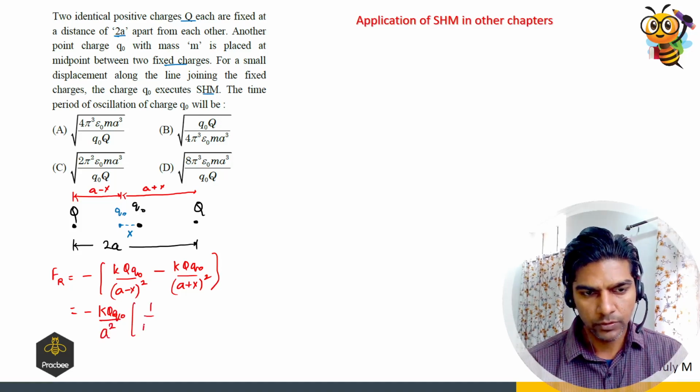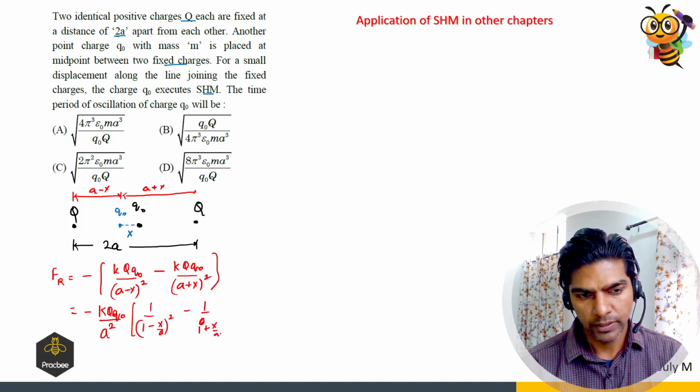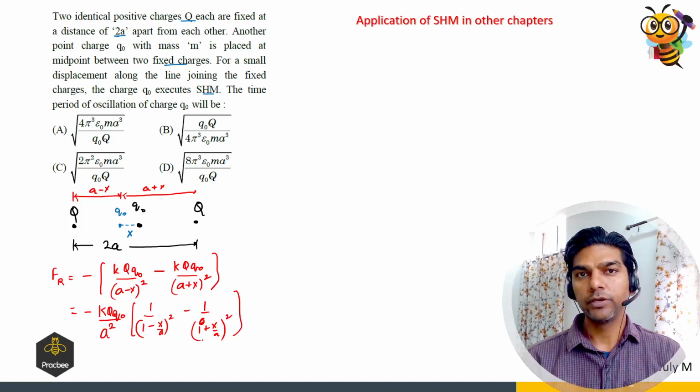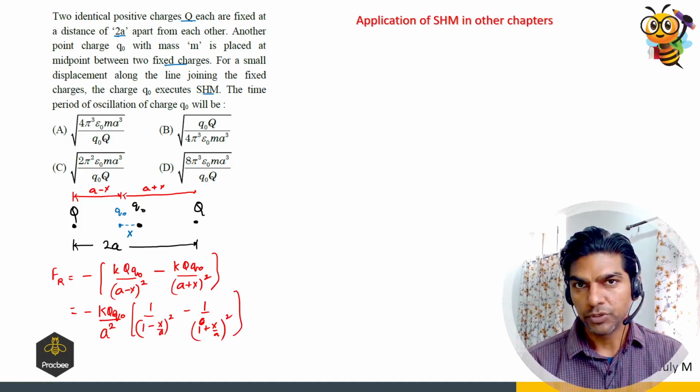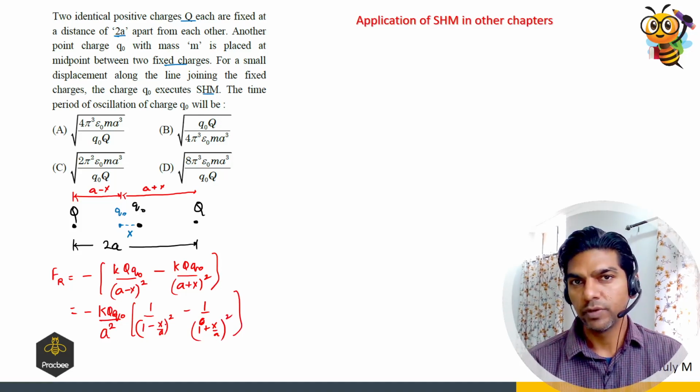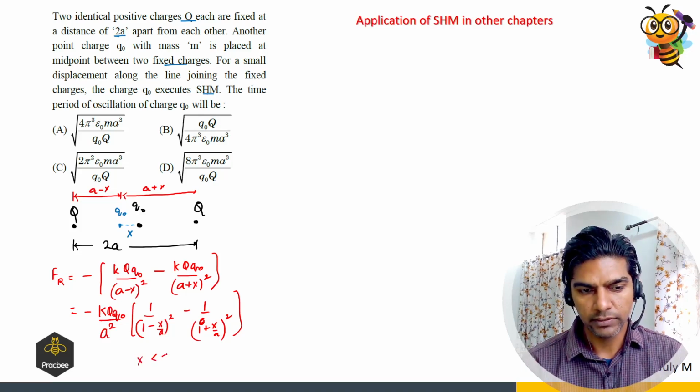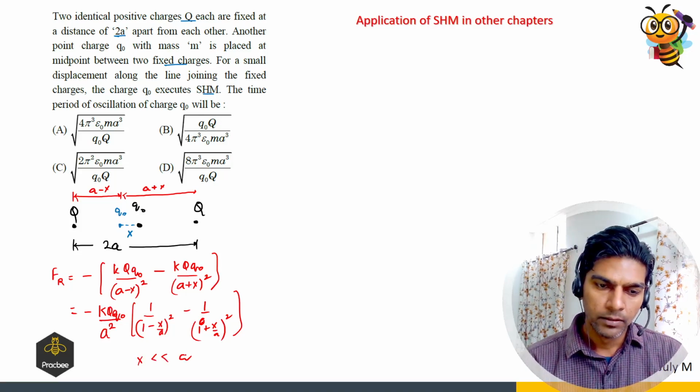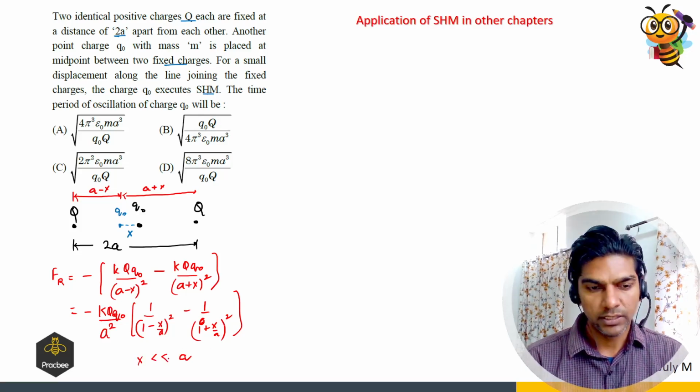So we'll get 1 upon (1 minus x by a) square minus 1 upon (1 plus x by a) square. Now we're going to use the binomial approximation, because x is very small in comparison to a, since we have slightly displaced the charge.